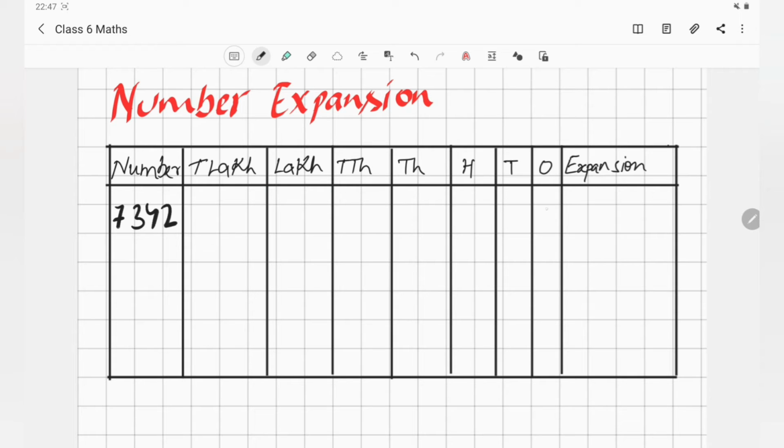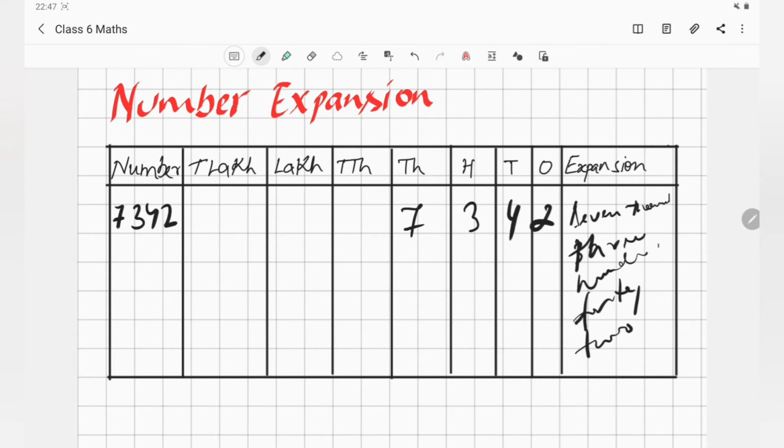I know the first digit will come under the ones place, the second digit will come on the tens place, the third digit will come under the hundreds place, and the fourth digit will come under the thousands place, and then you write it in terms of an expression, which is 7342, right? This is how this table is created.